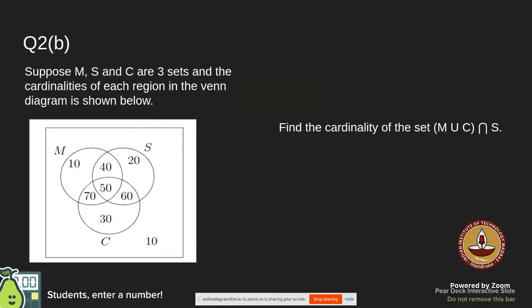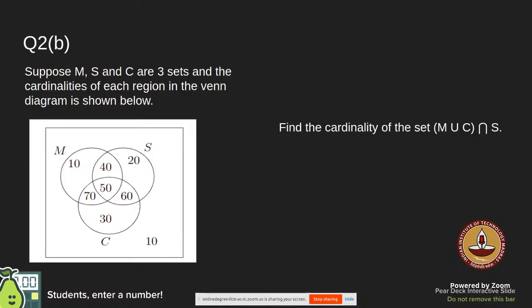M union C intersection S. There are 3 sets, M, C, and S. You focus on the problem, not black or white. So what is M union C first? The whole set of M and C. Exactly, the whole of M and C. So what is the cardinality of M union C?